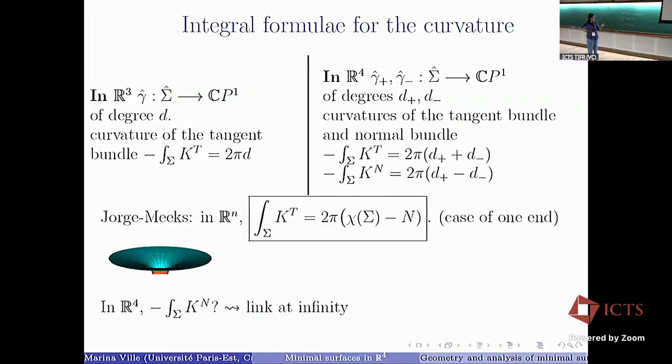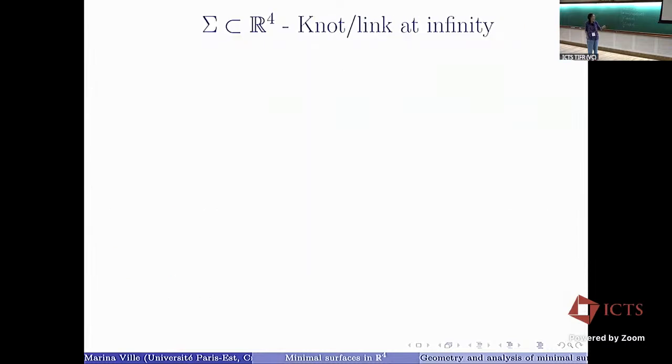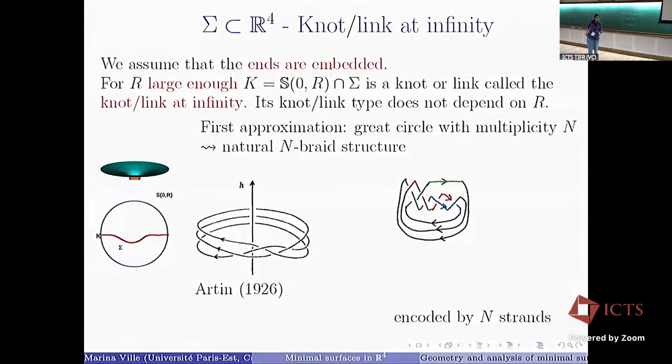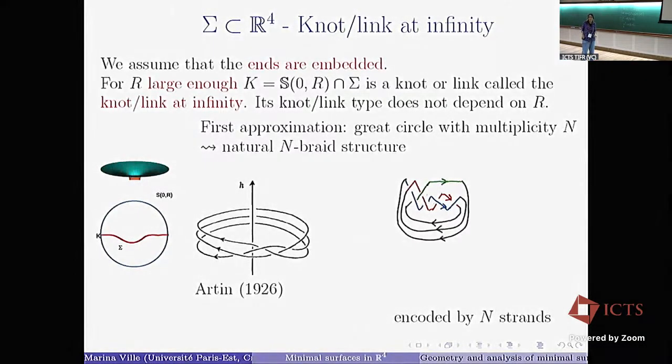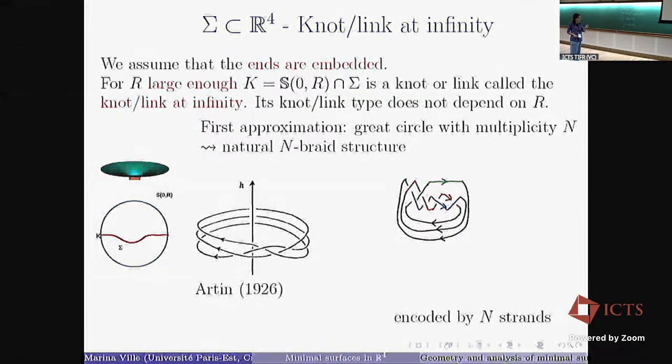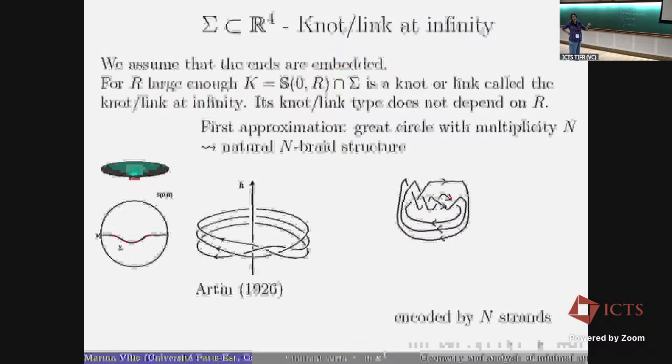Okay, so we had a topological interpretation for the integral of the curvature of the tangent bundle, and we would like to have one for the integral of the curvature of the normal bundle. And that makes us introduce the notion of the link at infinity, where I assume that the ends are embedded.